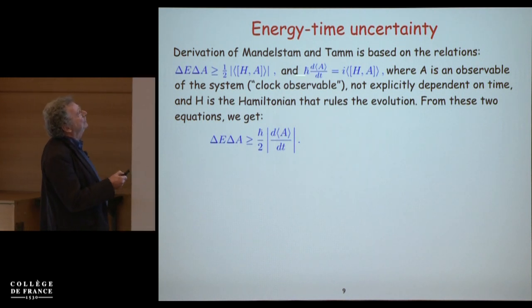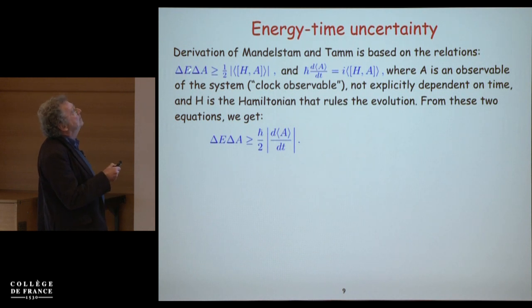Well, you see, they started from two relations. This one comes out from the Heisenberg uncertainty relation between some observable of the system, which is called here the clock observable, and the energy of the system.